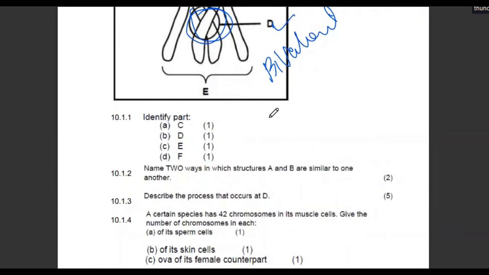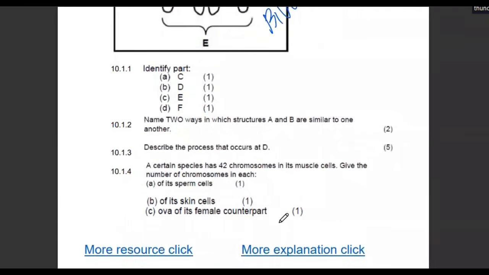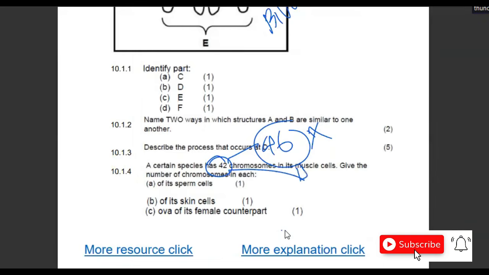I explained it before. This is where tricky things come from. They're saying a certain species has 42 chromosomes. They're not saying it's human, so don't talk about 46. They are saying 42. The muscle cell, remember muscle cells are autosomes, they're always 2n. Give the chromosome number of each sperm cell. It's going to be half, because a sperm cell is 1n.